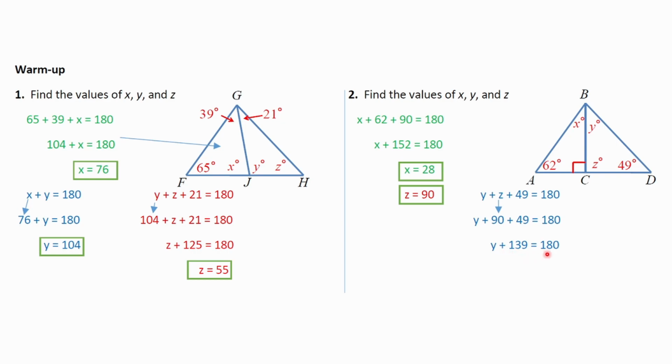Subtract 139 and y is equal to 41. There is a way that you could have used 62, 49, and the values of x and y together. You would have gotten the same thing if you had thought of the bigger outside triangle, but I chose to break it up into two smaller triangles here.